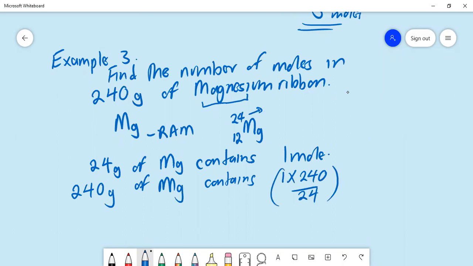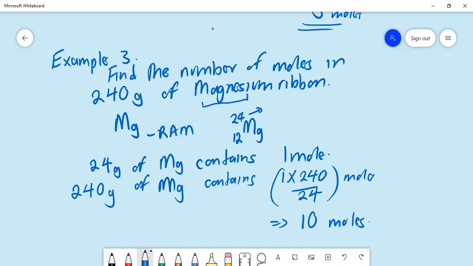What do we get? 10 moles. Very good. So now from that statement there, we're going to have a formula from that.